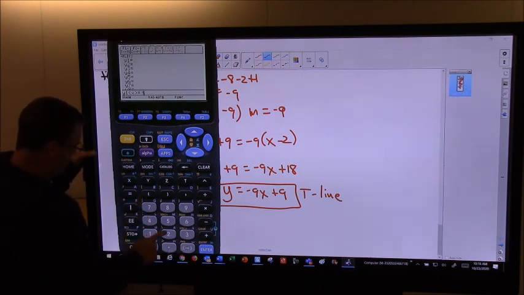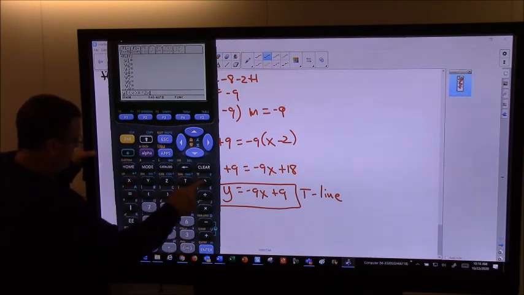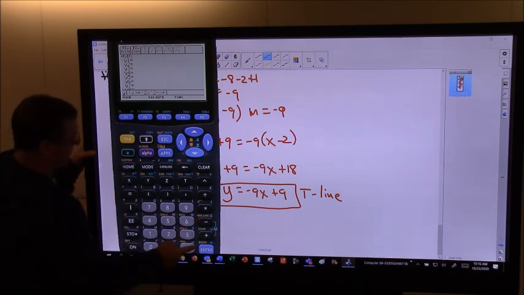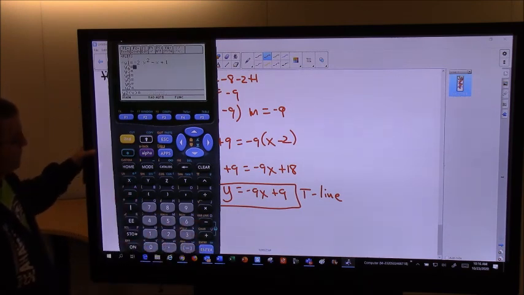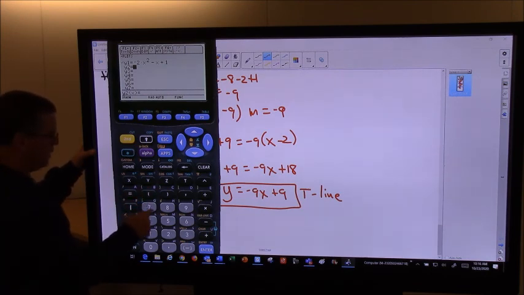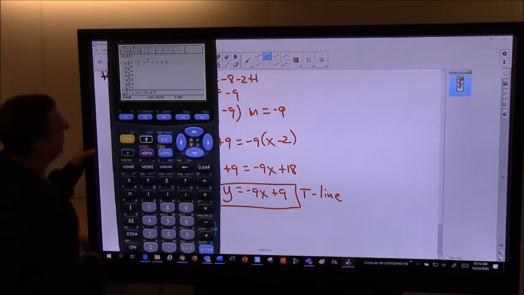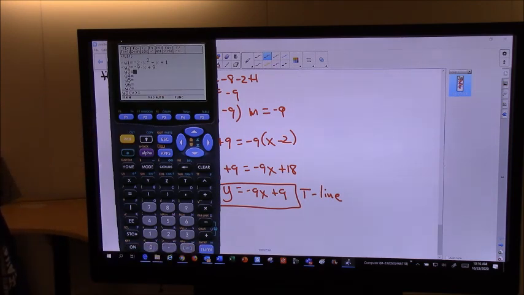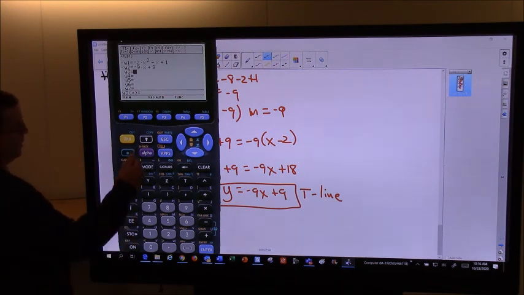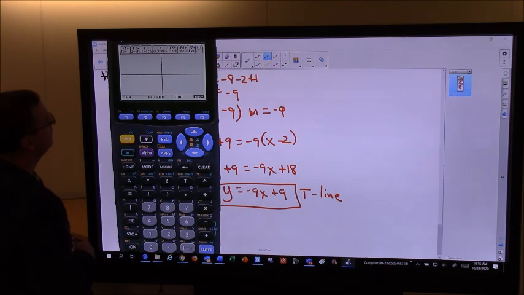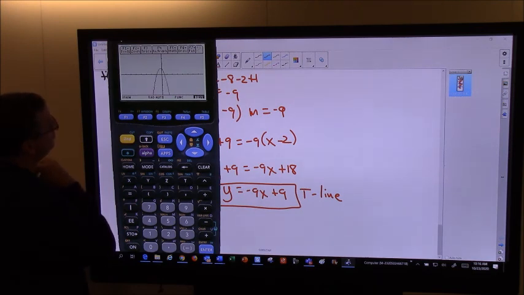So I've got a negative 2x squared minus x plus 1. There's that. And now my equation of the tangent line, I've got a negative 9x plus 9. And so now I want to graph those two. I'll just start with zoom option 4. And so there's my parabola.